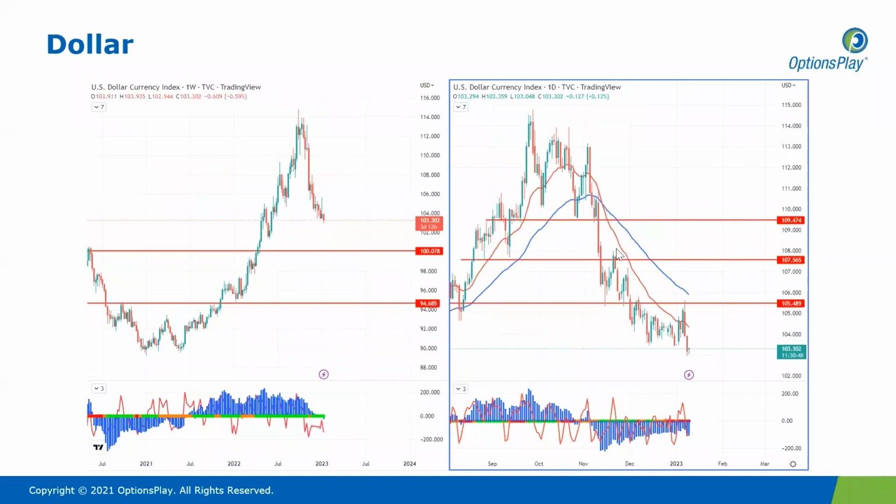And taking a look at the dollar, so very interesting movement here in the dollar, especially with investors more recently, in the last couple of days, pricing in a more dovish Fed. However, my view was a more bullish view on the dollar in the last couple of days, especially with this price action that we saw before the last 2 days here, where price was finding support at around 103, 104.